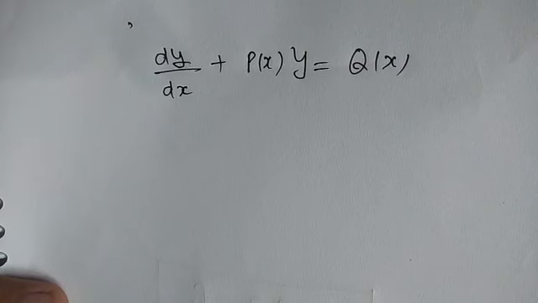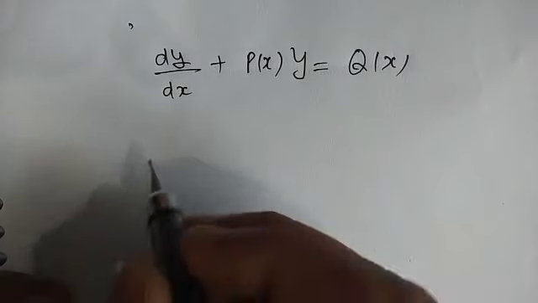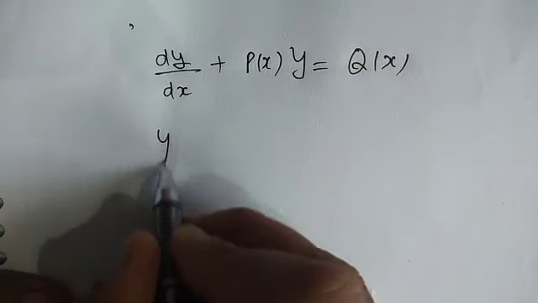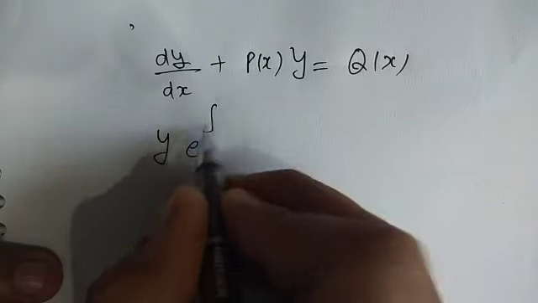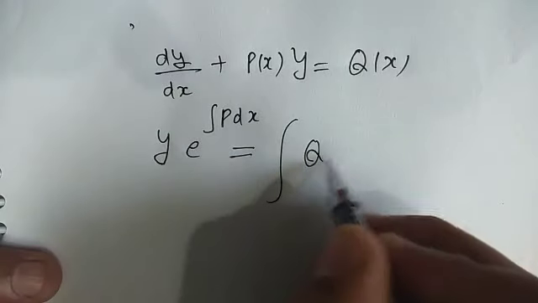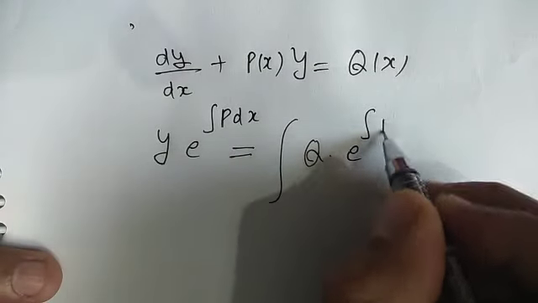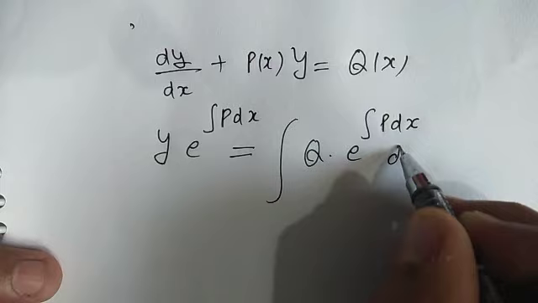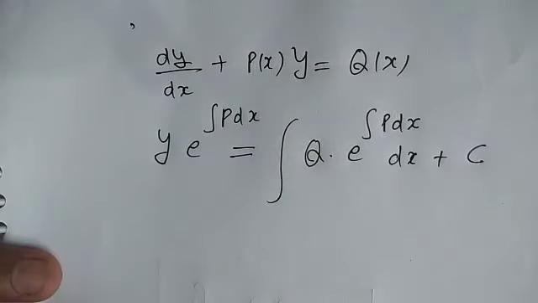And this is the non-homogeneous ordinary differential equation. The solution will be y e power integral p dx equal to integral of q into e power integral p dx dx plus c.